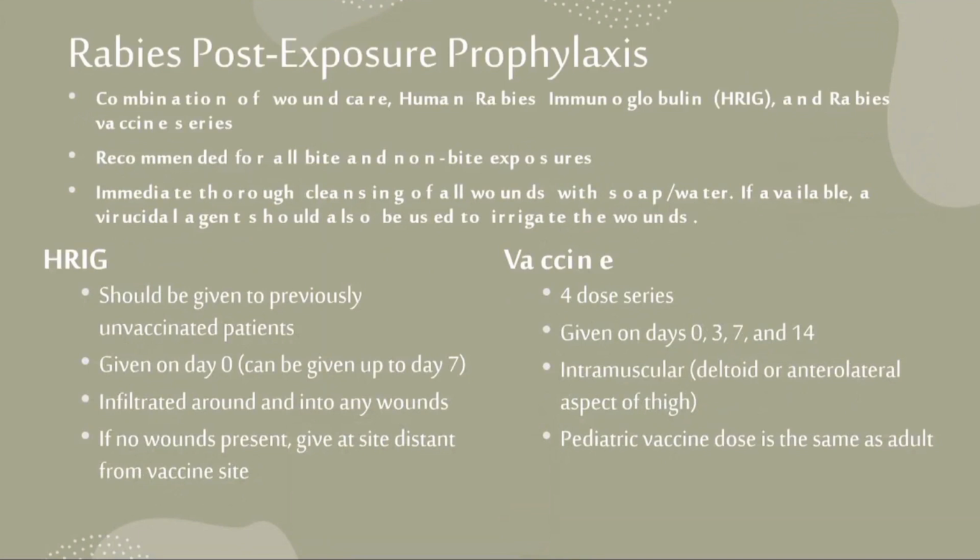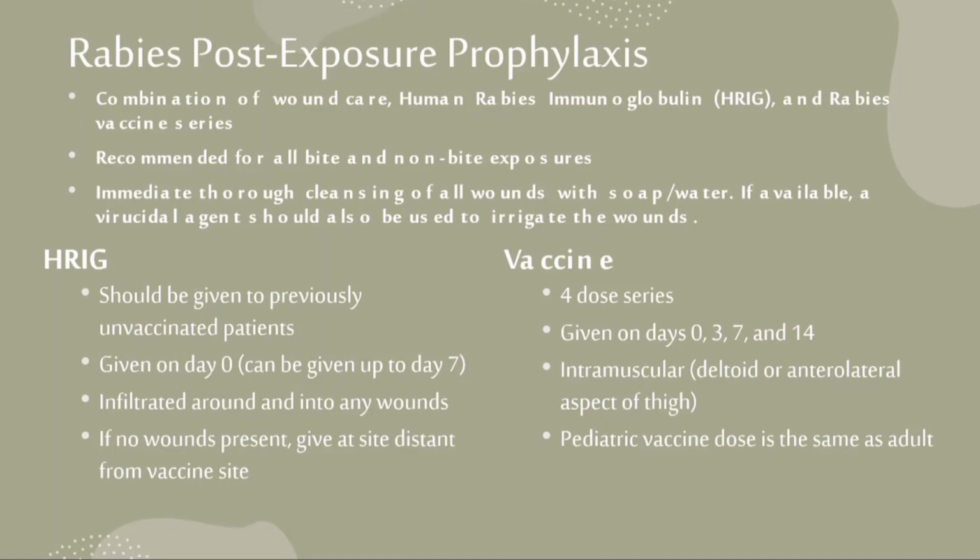But so we talk about post-exposure prophylaxis for rabies. So you're going to use a combination of wound care. Prompt wound care is shown to decrease infection drastically, and it's just cleaning out the area to hopefully prevent any spread. You're also going to give the human rabies immunoglobulin at the time that this happens or as close to it as you can, and then they should receive the rabies vaccine series.